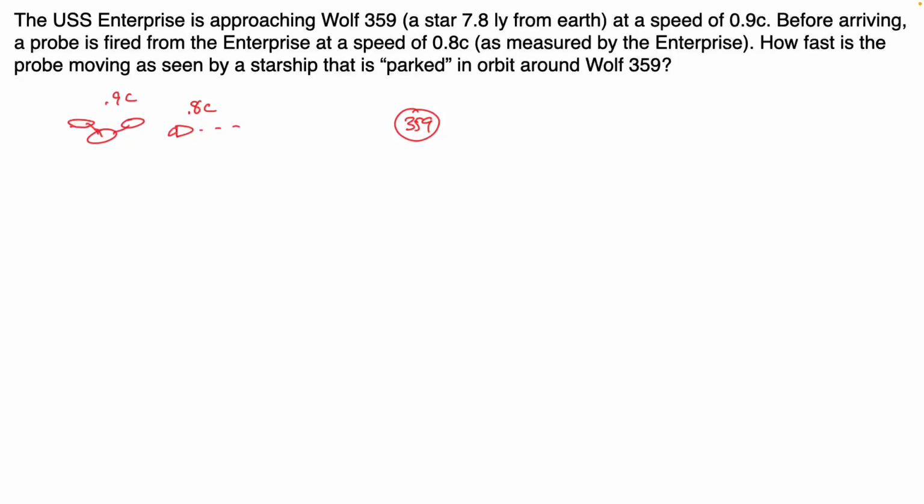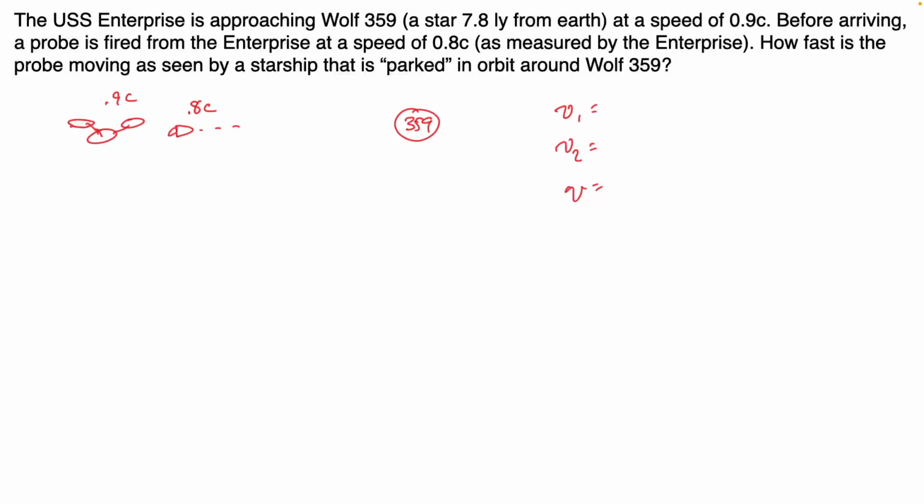So the question now becomes, what the heck are these things? What's V1, what's V2, what's V? Again, V1 and V2 are always speeds measured by a single person, somebody looking from somewhere. And Jeff's question is, do I make Wolf 359 the central observer, or do I make the Enterprise the observer?